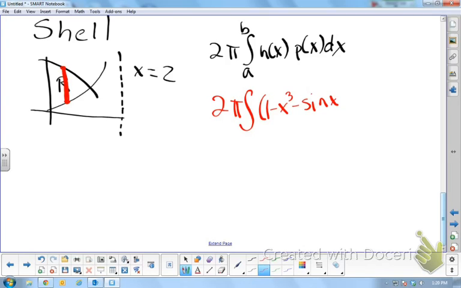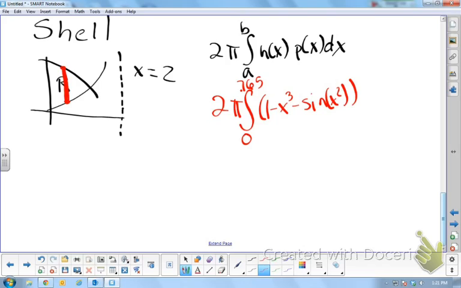Did I remember those functions correctly? Yes? Okay. Our bounds actually won't change. We still start at the beginning of our shape and end at the end of our shape. We're not integrating to our axis of revolution. We're only integrating where the shape exists.